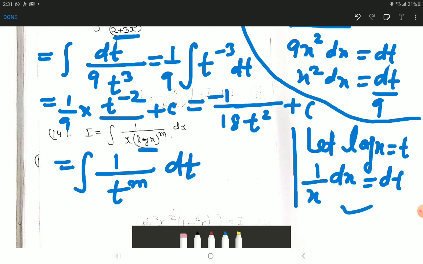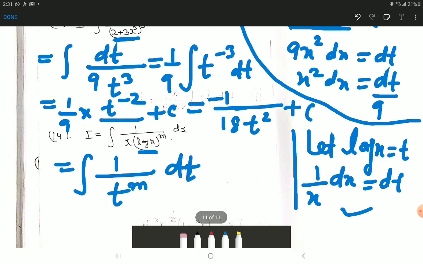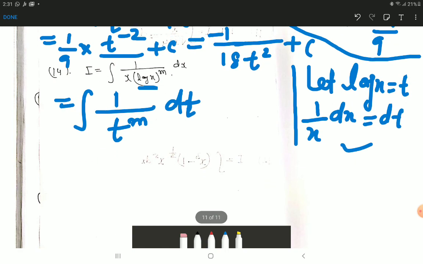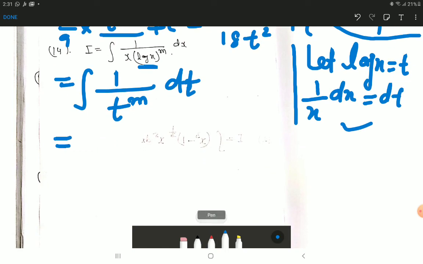Obvious, log x is t, so it is 1 upon t raised to the power m, and 1 by x dx is dt. Now you see, 1 upon t raised to the power m means t raised to the power minus m dt. And now you can use the formula of integration of x raised to the power n is x raised to the power n plus 1 upon n plus 1.